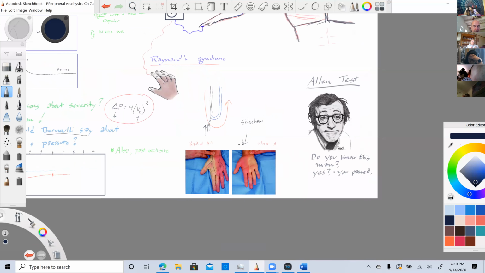It used to not be. This used to be the way they do it, but now it's become a bit of a sideshow to do this visually. But you put PPGs on the fingers. You watch whether or not blood is coming back into the hand using the PPG. It's a little bit better. Okay.